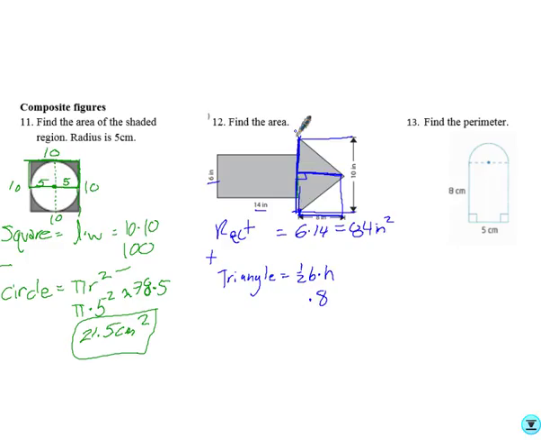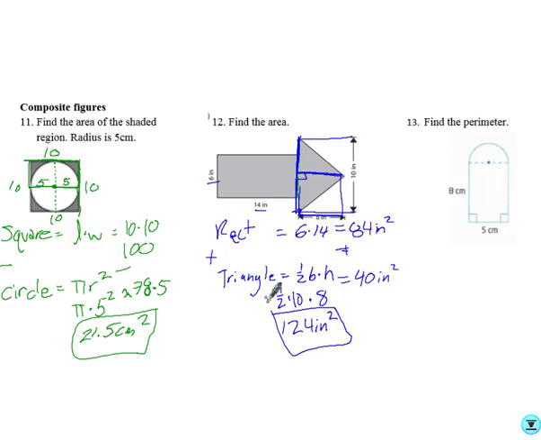That's 10, so the base is 10. Multiply that by 1/2. And that gives us an area of 40 inches squared. And again, since this triangle is sitting on top of the rectangle, we're going to add these two numbers together, giving us a total area of 124 inches squared.